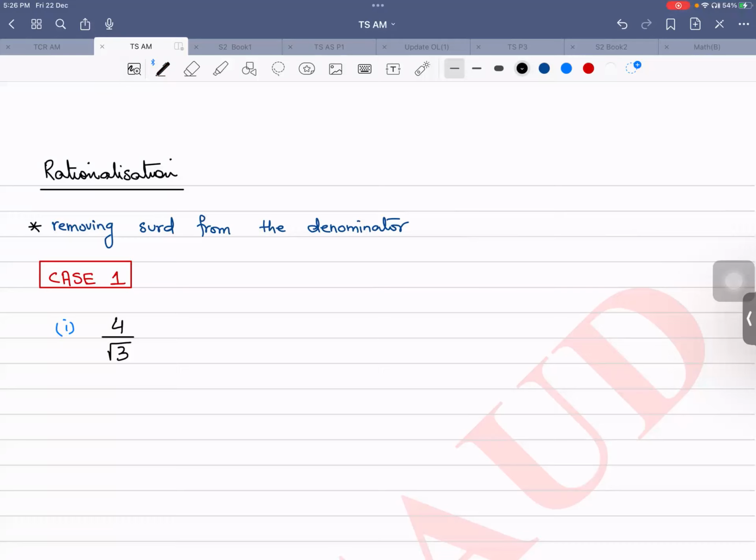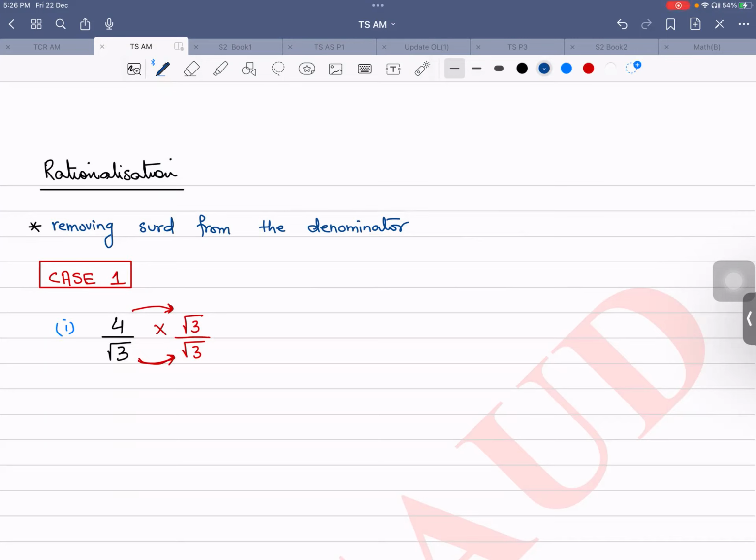If I want to get rid of the surd in the denominator, what I do is I am going to multiply with the denominator and divide with the denominator. रैशनलाइजेशन के अंदर हम करते क्या है, जो भी डिनोमिनेटर होता है उसी से मल्टीप्लाई और डिवाइड कर देते हैं. So I'm going to multiply the numerator with the numerator and the denominator with the denominator.